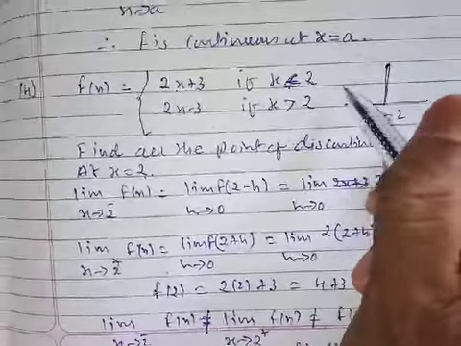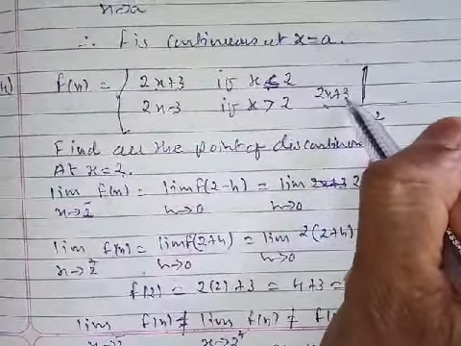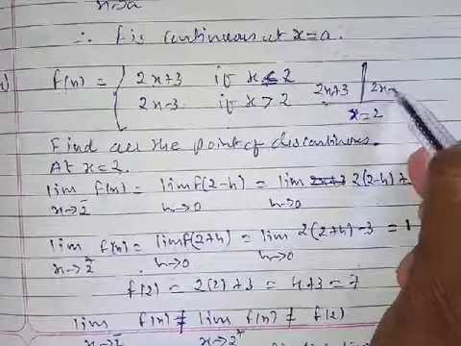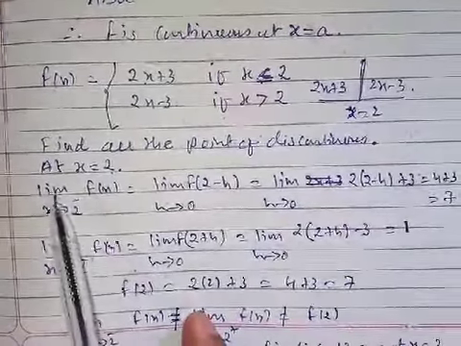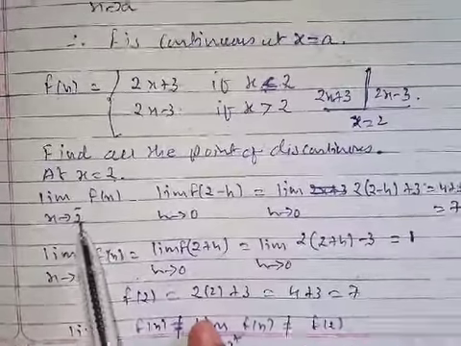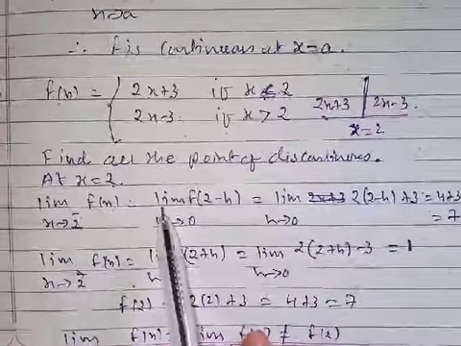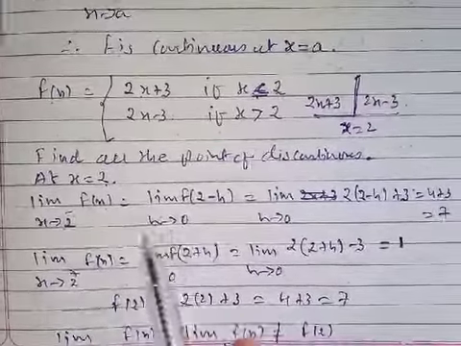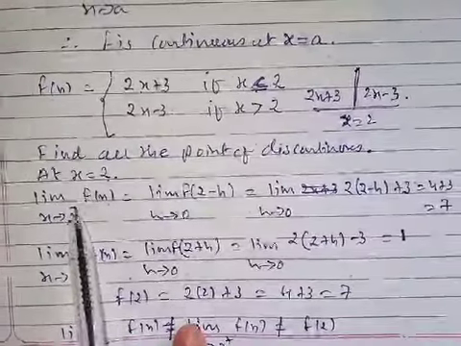What is the left hand side? It is less than, so 2x plus 3, and the right hand side is 2x minus 3. So limit x tends to 2 minus f of x is equal to limit h tends to 0 of f of 2 minus h.